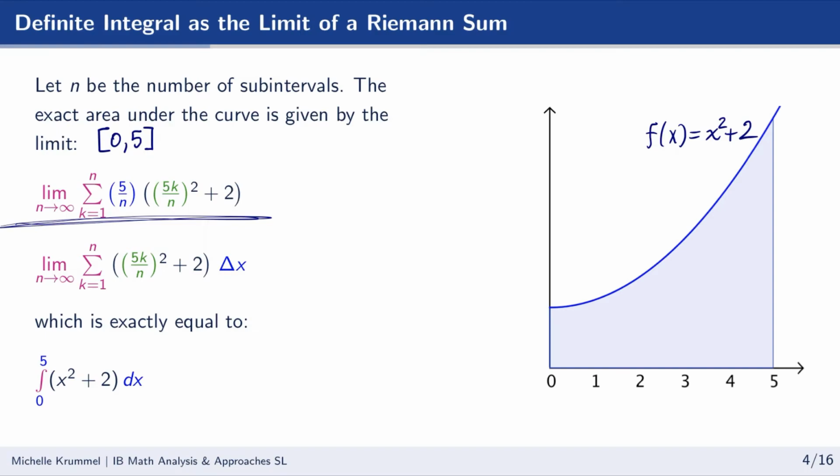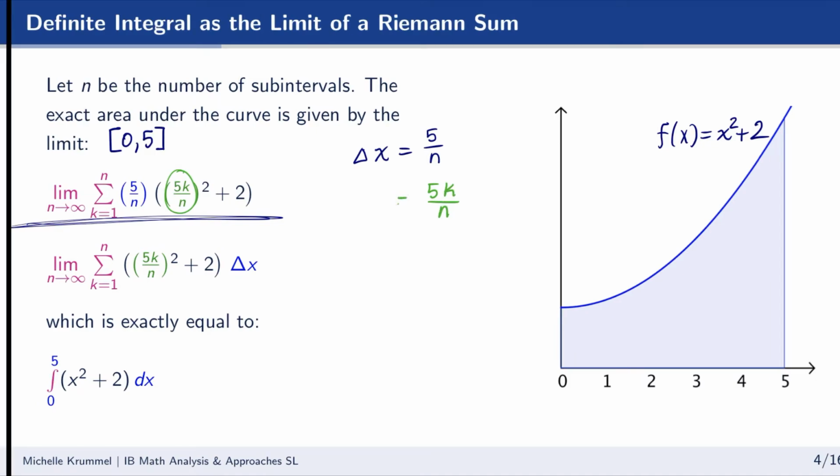The next part that we have here, we want to look at this 5k over n. So I'm going to write down, first of all, that delta x equals 5 over n. And now we can say that this 5k over n, that term that I have in green there, is equal to just k times delta x.